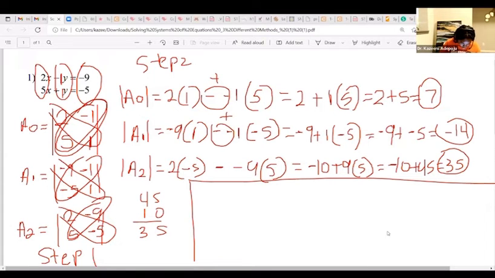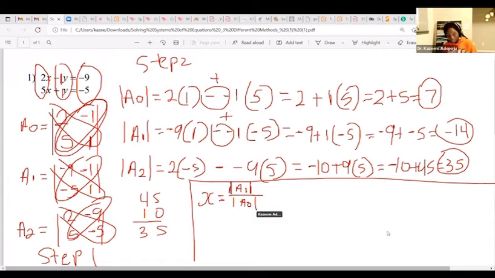So to get our X is going to be A1 divided by A0.